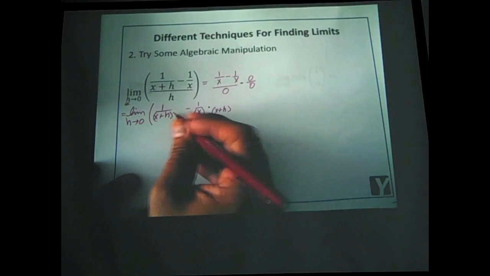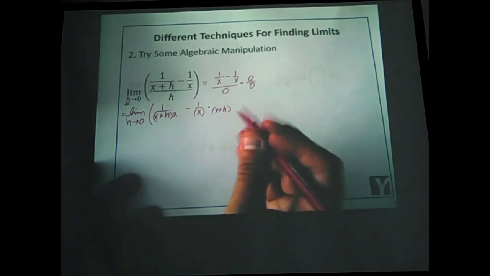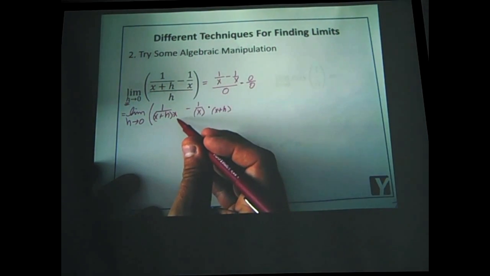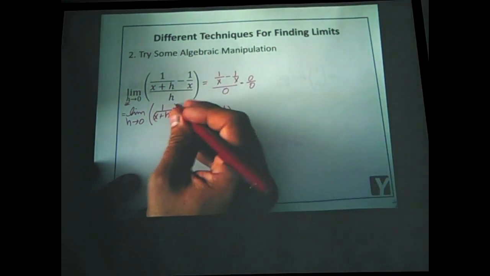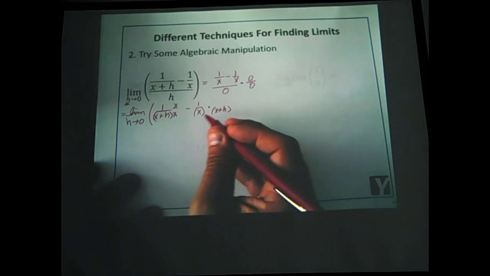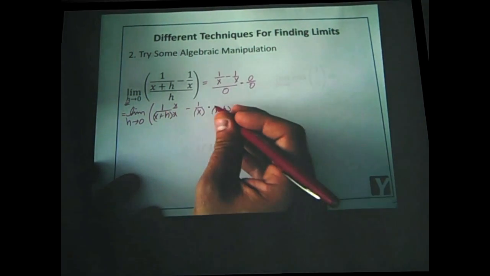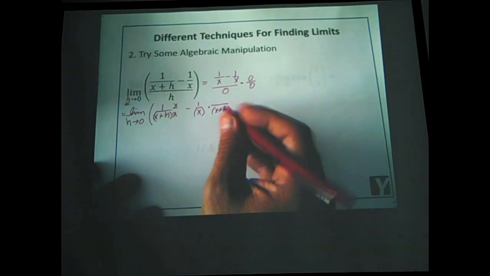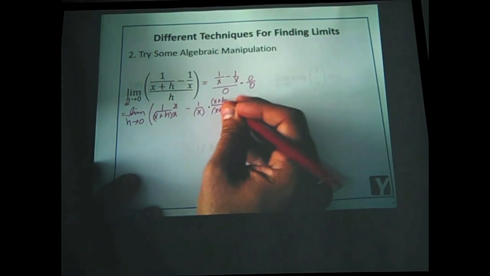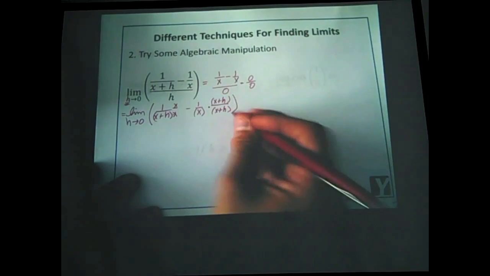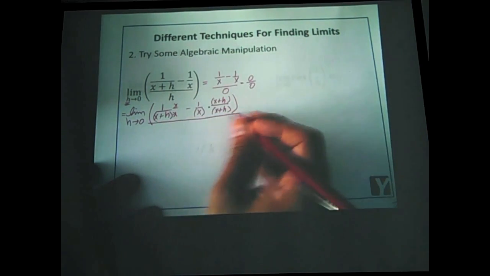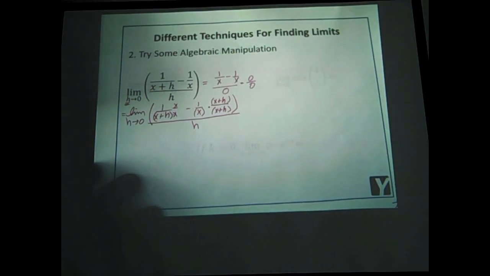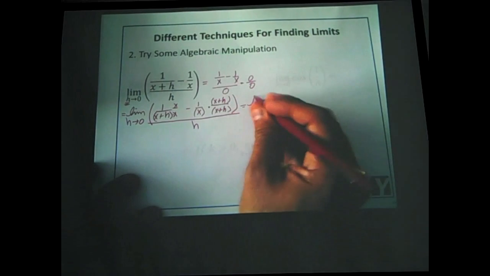So I multiply this guy over here by x. I can't just multiply the denominator by x. I multiply the numerator by x as well. In the second fraction, to build the common denominator, I needed to multiply the denominator by x plus h, so we're going to multiply the numerator by x plus h as well. This whole expression is still over h. Let's keep going.